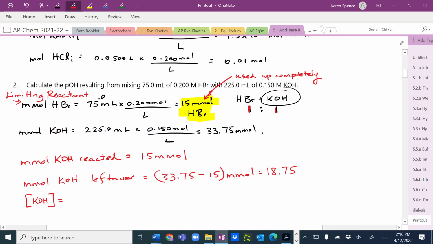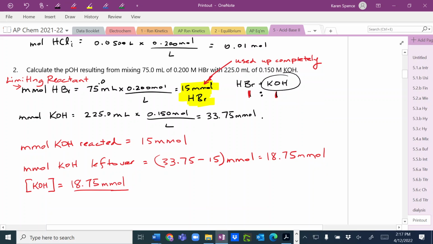How do we calculate concentration of KOH? Yep, so 18.75 millimoles. And that's the only trick about doing millimoles, is if you're like me and you forget to write the millimoles, and then all of a sudden you're like, what? Crap! And then the total volume, 75 plus 225. Oh, look, I can do that in my head.